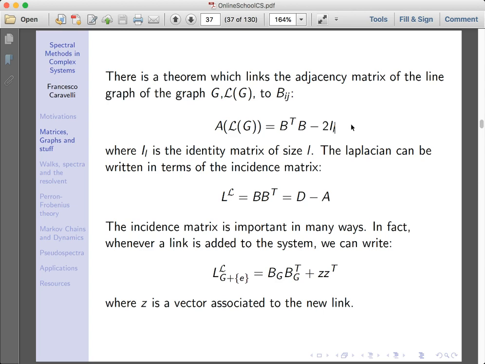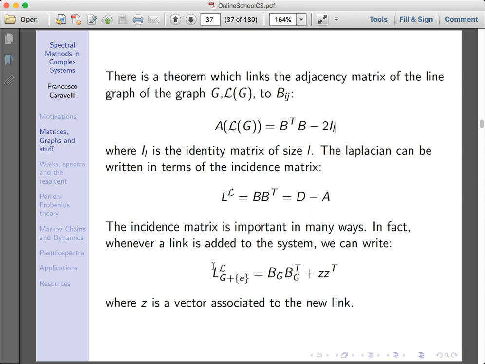It's not too hard to see that if you add an edge to the original graph, then necessarily the Laplacian has to augment by one row and one column. This is simply because if you add one edge, in the line graph you're going to add one node.